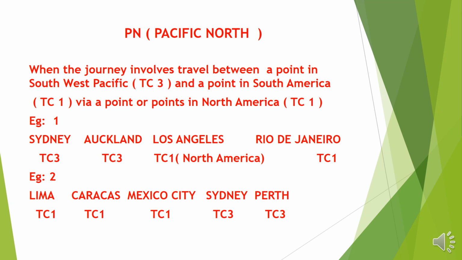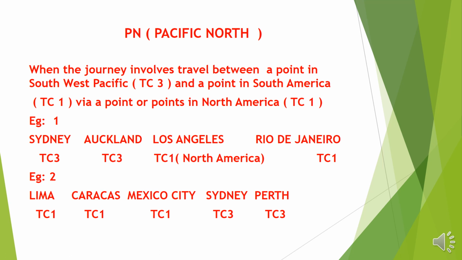So example 1, Sydney, TC3, which is in South Pacific, Auckland in New Zealand, TC3, South Pacific, Los Angeles is in TC1, North America, and Rio is in TC1, which is in South America.